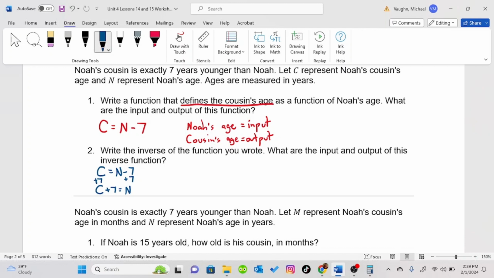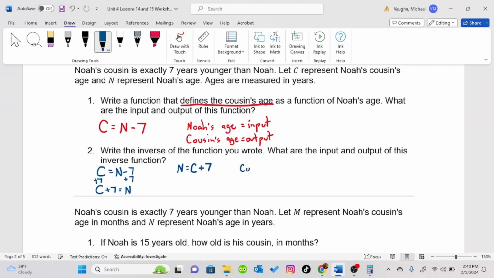So the inverse function solves for Noah's age using the cousin's age as the input and adding 7 years to it.